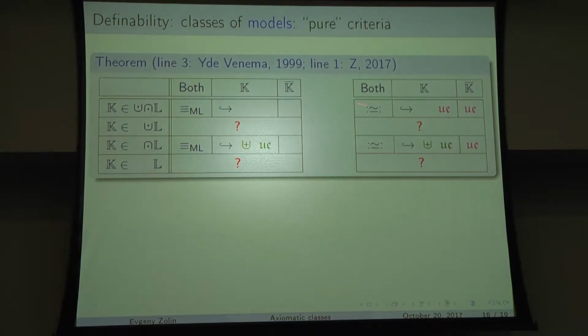We added the first line, but the second and the fourth are open questions. So in particular, we do not know any operation or relation which is purely modal that can distinguish between classes definable by a set of modal formulas and by one modal formula. For every known purely modal operation, either both of them satisfy the closure condition or neither. So this is a kind of open question again.